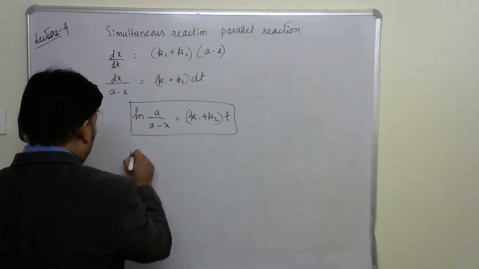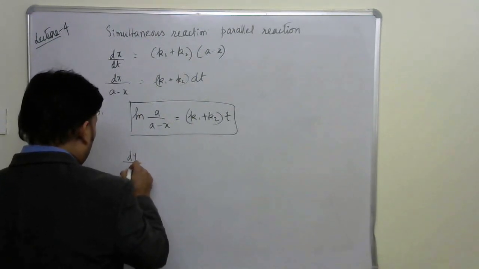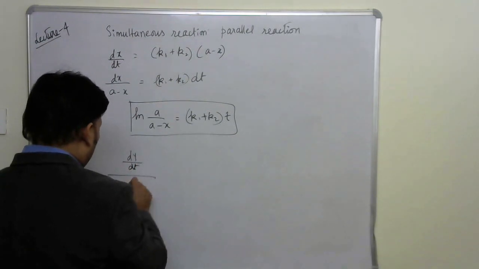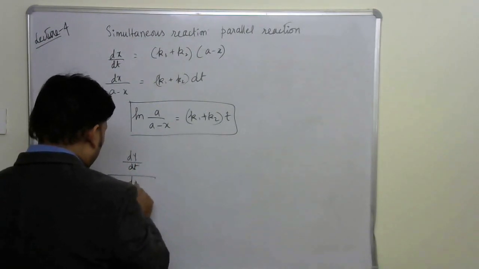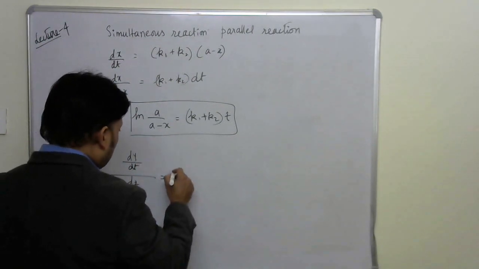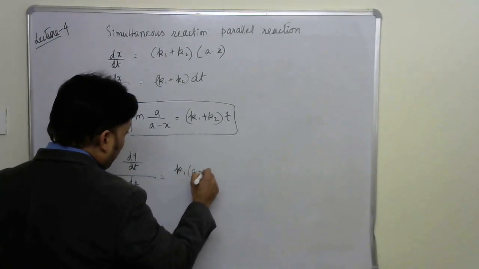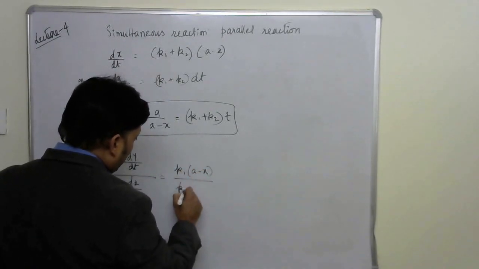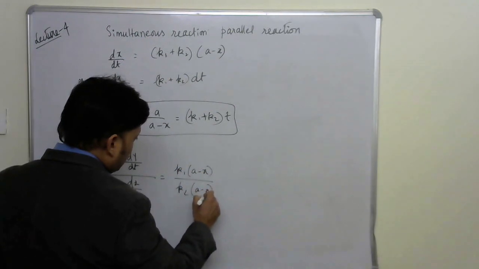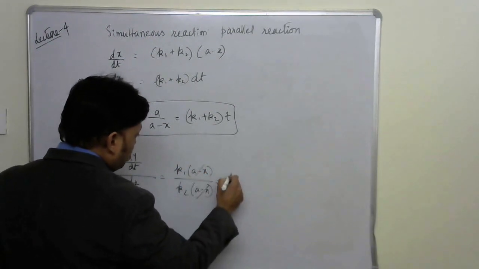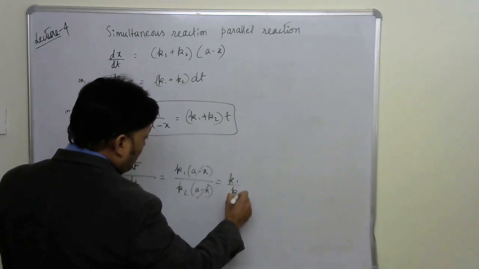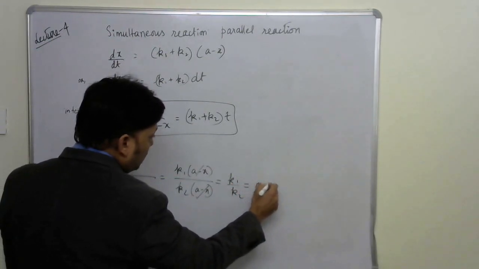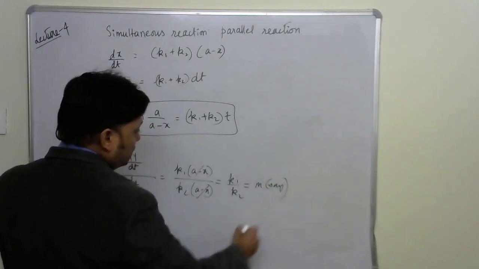So if you remember, if we take the ratio of dy/dt over dz/dt, then it will give us k1 multiplied by (a minus x) divided by k2 multiplied by (a minus x). So these two cancel out, and we get a simple ratio of k1 divided by k2 is equal to m, say.